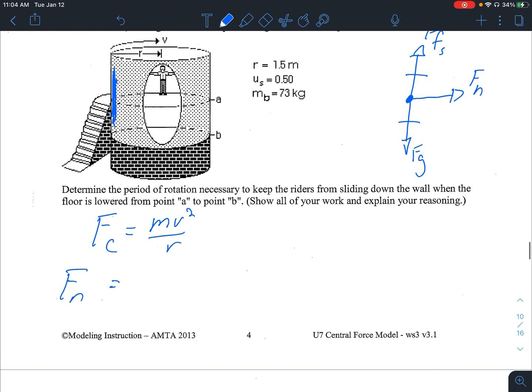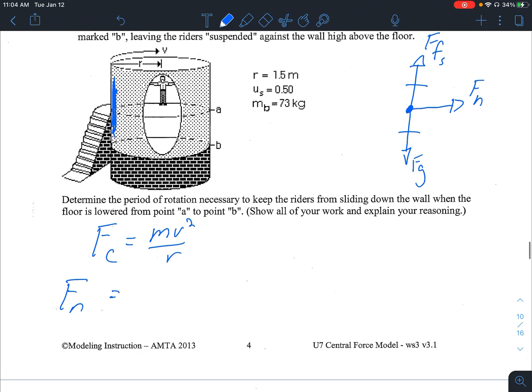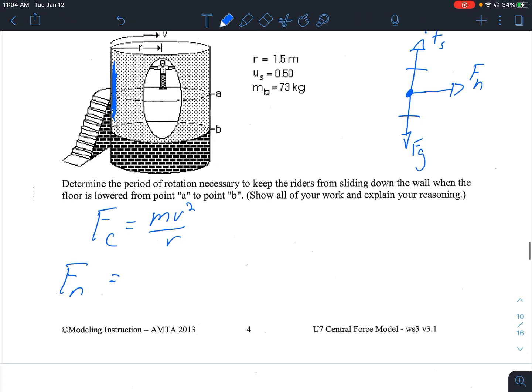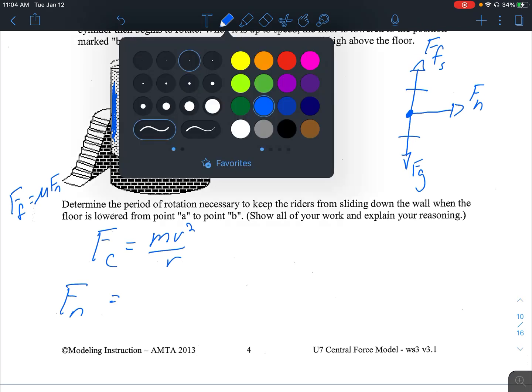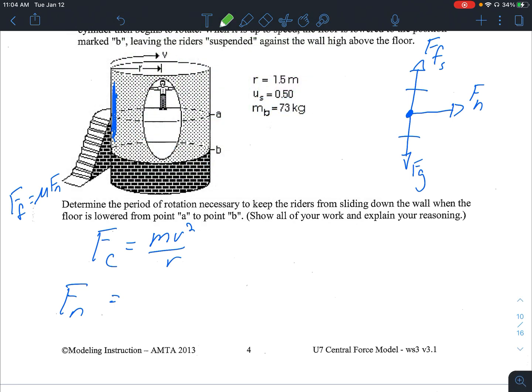But what is normal force equal to? There's no other force going in the opposite direction. But we have enough information to use the friction equation. So we do have a way of calculating the force of friction, and we're given mu. So we have the mass of the kid, so we can get the force of gravity.